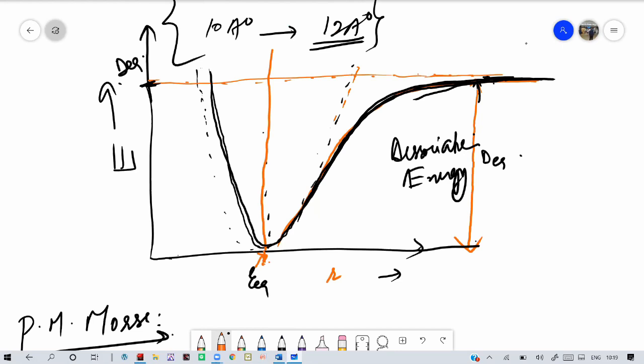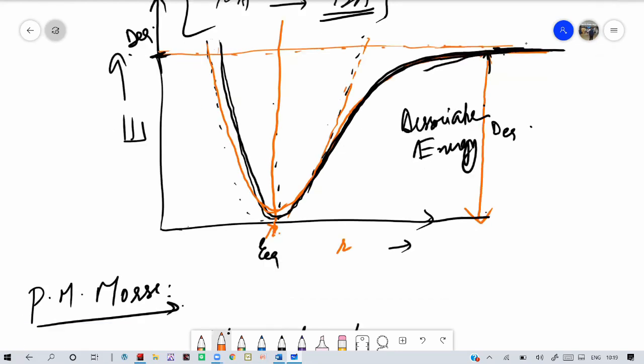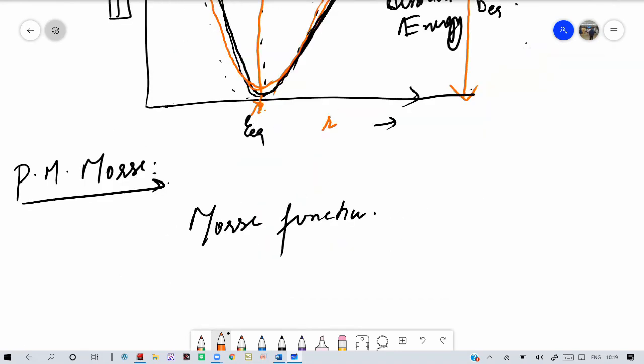This is a parabola. And the approximation for anharmonic vibrations of a molecule is exactly approximated by the Morse function.